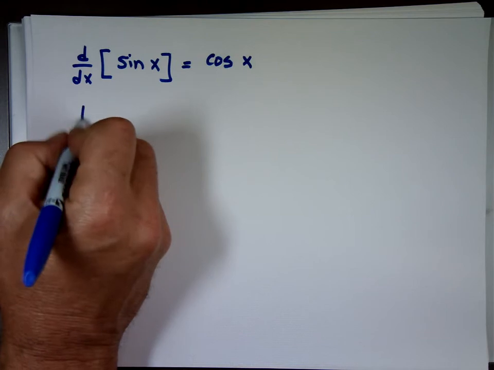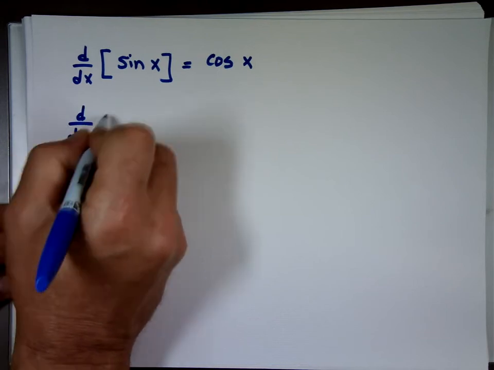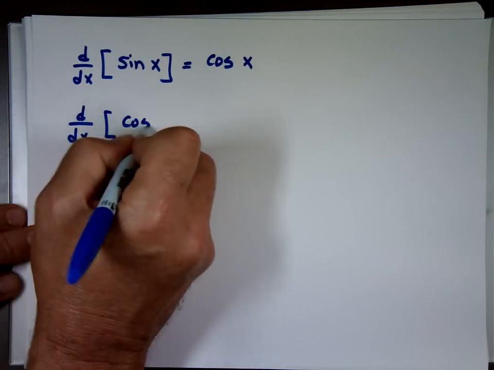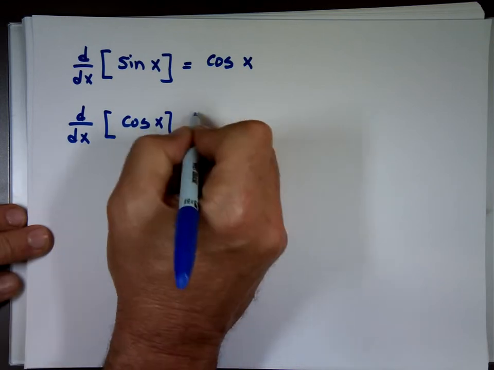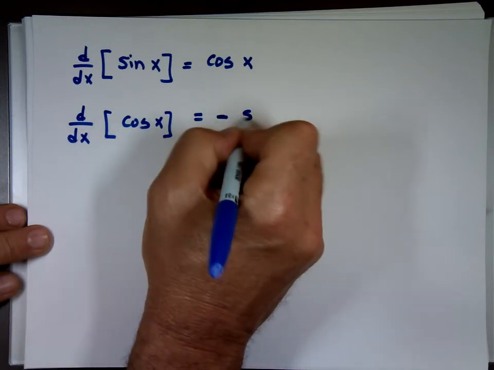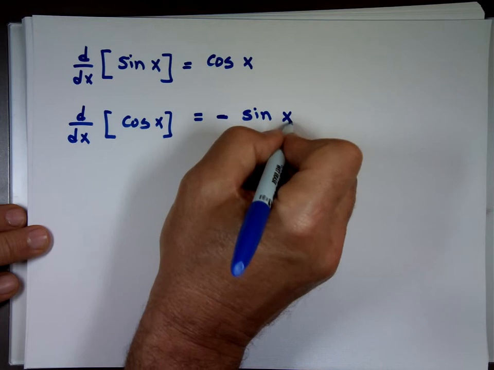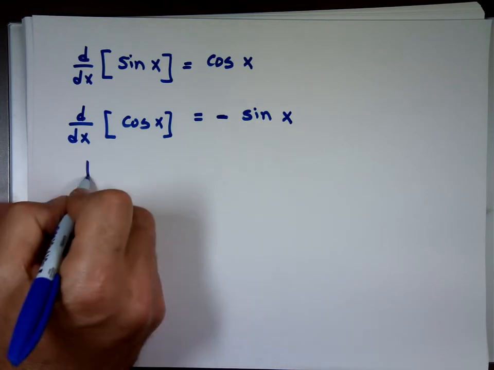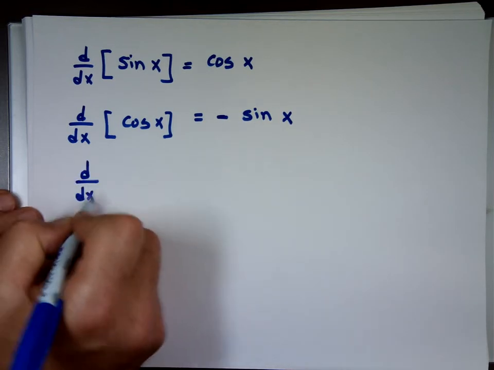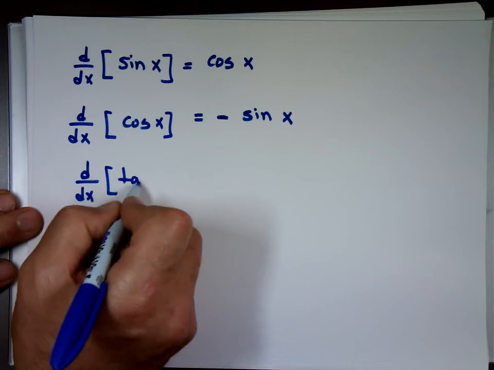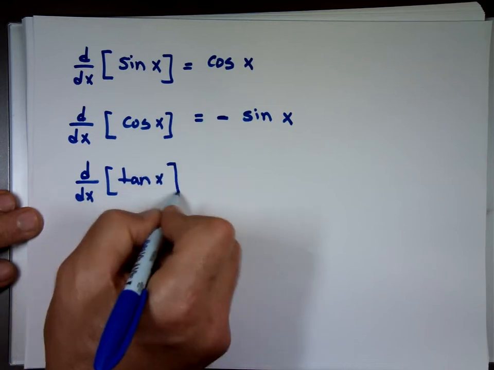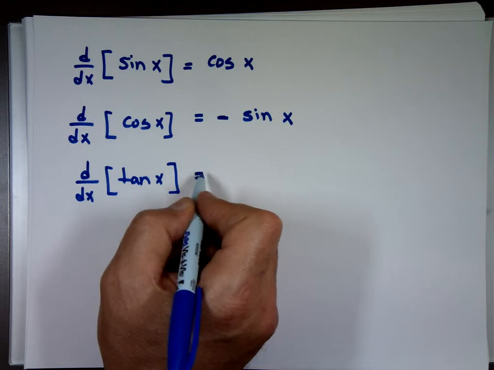The derivative of cosine x is negative sine of x. The derivative of tangent x is equal to, do we actually cover them in this section?